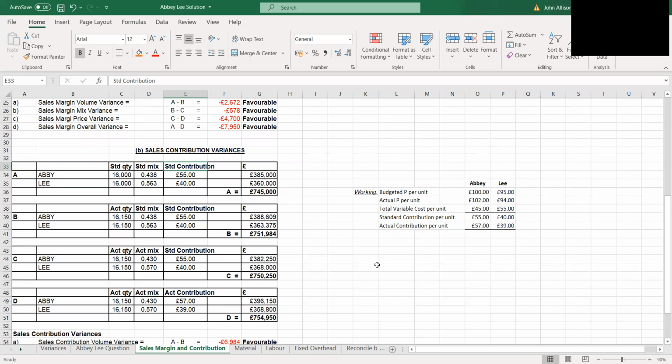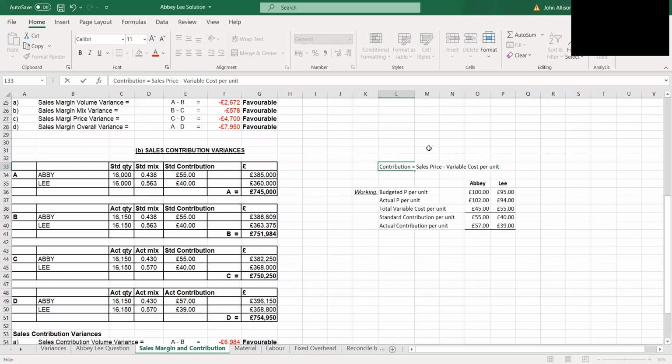And just remember what contribution is. So contribution is the sales price take away the variable cost per unit.